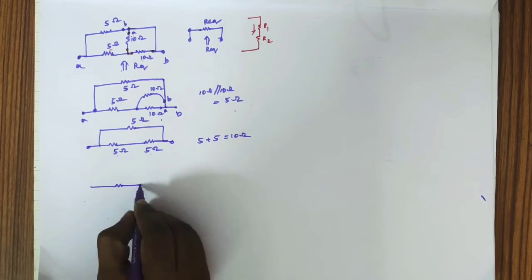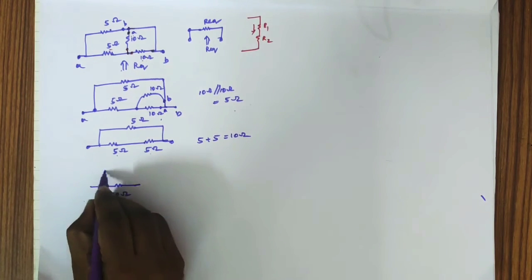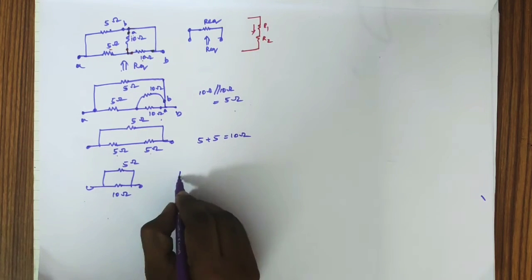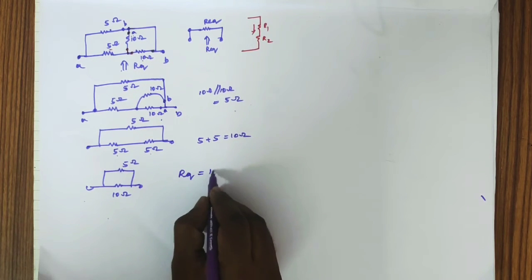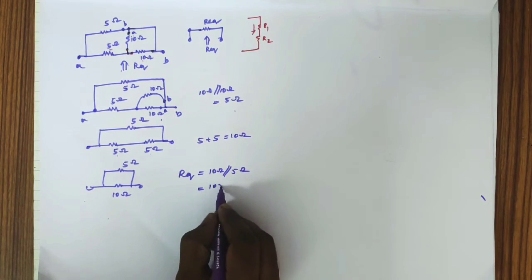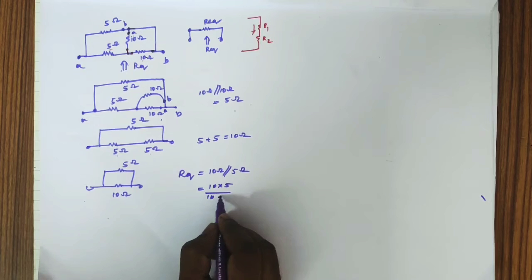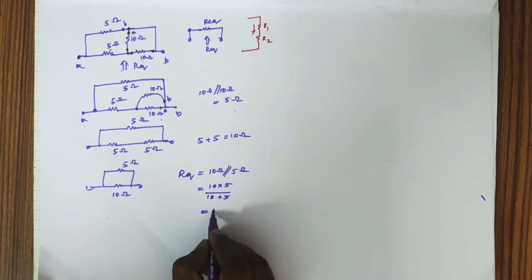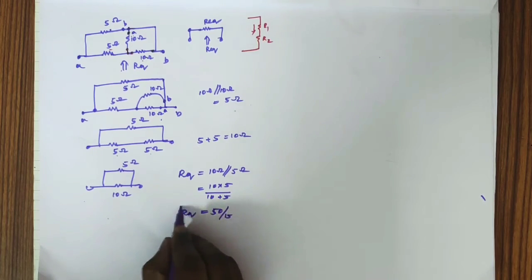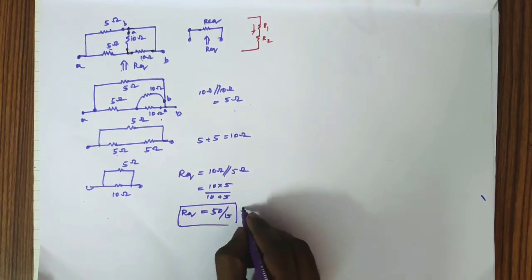After getting 10 ohms, replace the circuit like this. Now the 5 ohms and 10 ohms are in parallel. Therefore R equivalent is 10 ohm in parallel with 5 ohm, that is 10 into 5 by 10 plus 5, which is 50 by 15. So R equivalent is 50 by 15 ohm.